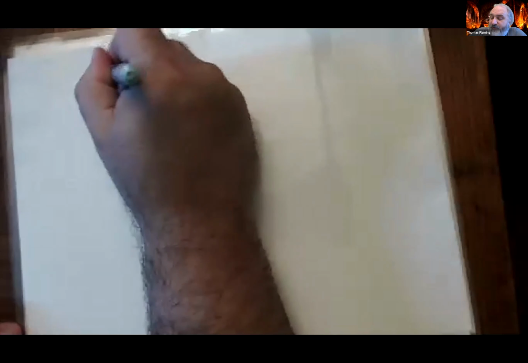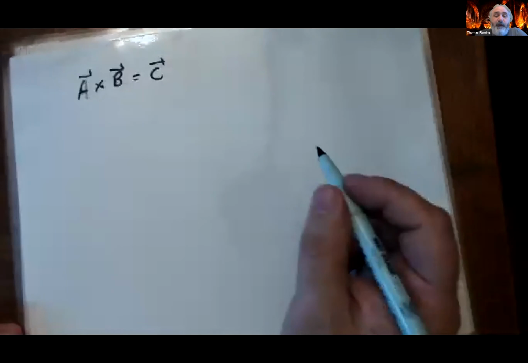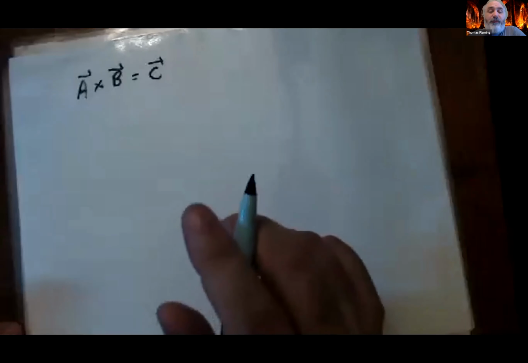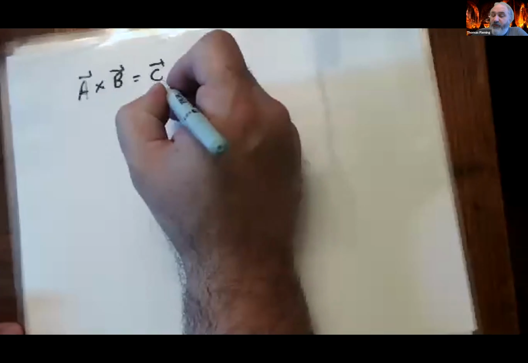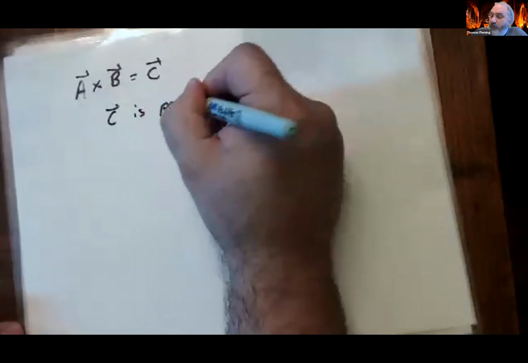So if I've got vector A crossed with vector B, and that equals some new vector, vector C, the thing that you have to remember about those cross products is that the product is always perpendicular to both of the original vectors.